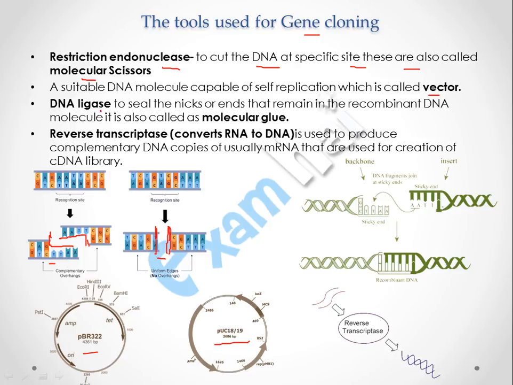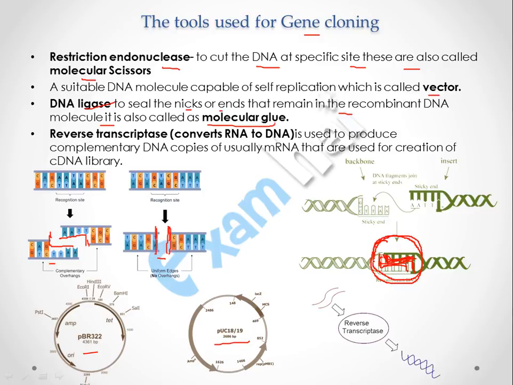DNA ligase seals the nicks or ends that remain in the recombinant DNA molecule, and it is called molecular glue. What DNA ligase actually does is seal: this is the DNA of the plasmid and this is the DNA of interest. Now the DNA ligase will come and glue both.